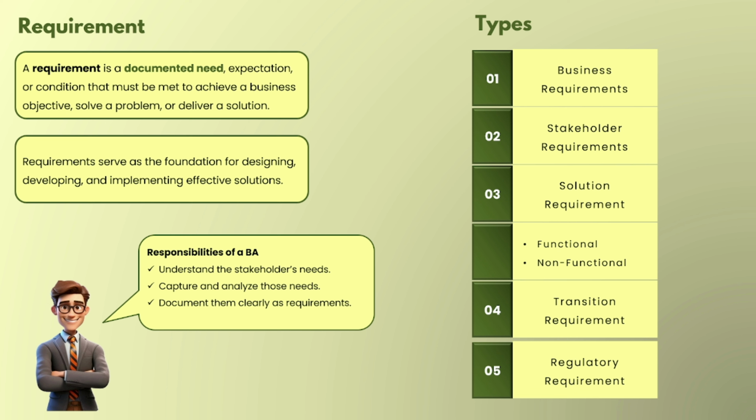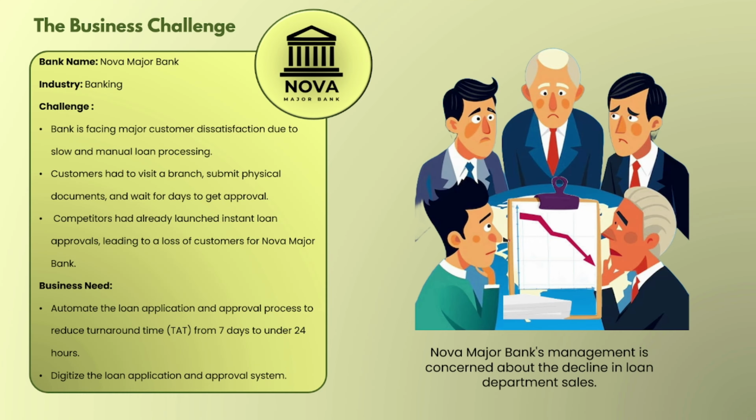Now we'll see all these things with respect to the loan management system. First we will see the problem of the business, then we will see how the BA documented each and every requirement in the types which are shown here. Now let us try to understand the business challenge, and on the basis of that challenge, how the business need comes.